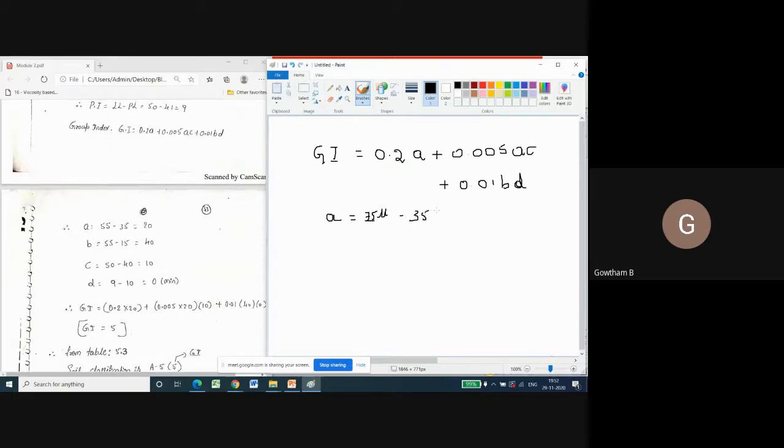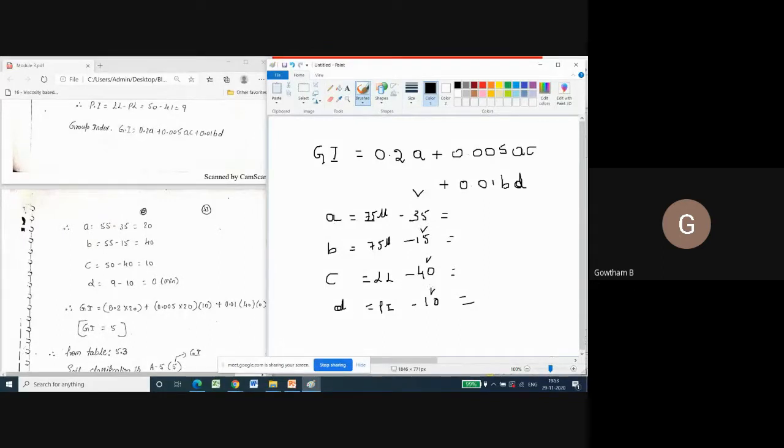To get the B value, again take the percentage of soil passing through the 75 micron sieve minus 15. To calculate C, you have to do liquid limit minus 40. To calculate D, you have to do plasticity index minus 10. I already explained what these 35, 15, 40 and 10 are in your theory class.